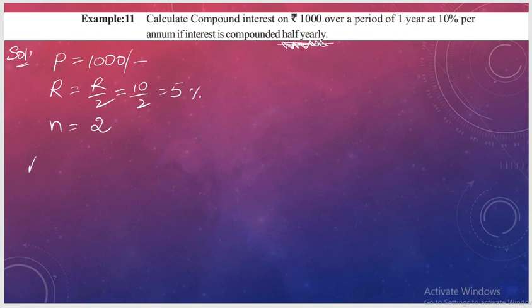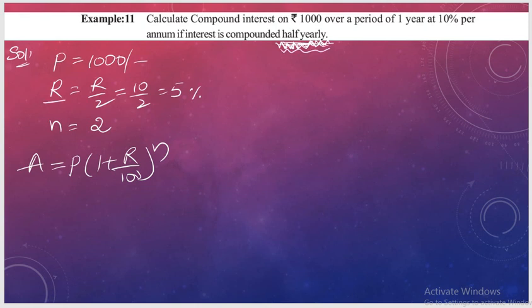From this, what is the amount? Amount is equal to P into 1 plus R by 100 whole power n. While solving this problem, understand this carefully. About half yearly we need to see carefully: R will be changed to half and n will be changed to double. When I substitute these values, principal is 1000 rupees into 1 plus R, which is 5 by 100 whole power 2.